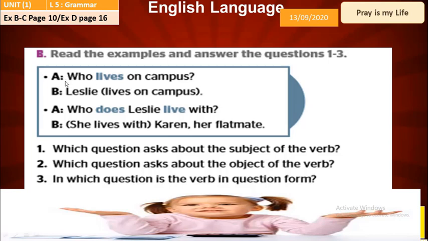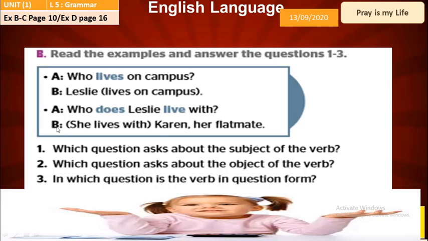Let's read what we have in the box. A asked B, saying, who lives on campus? And B answered, Leslie. A asked, who does Leslie live with?